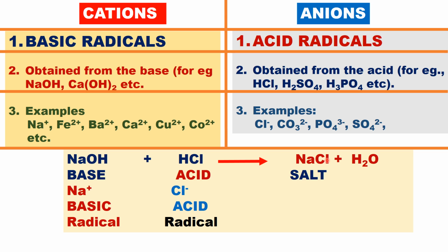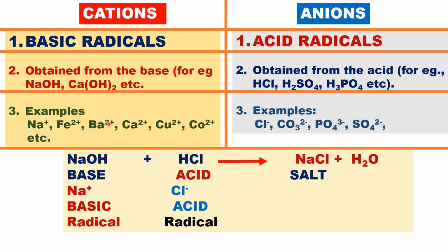Cl- in the salt is obtained from an acid, so Cl- is called an acid radical. Obtained from base, they are called basic radicals. Obtained from acid, they are called acid radicals. Please remember, anions are called acid radicals.